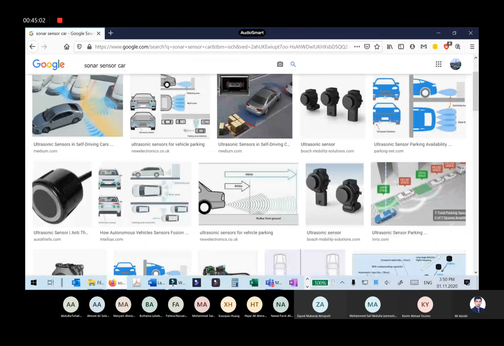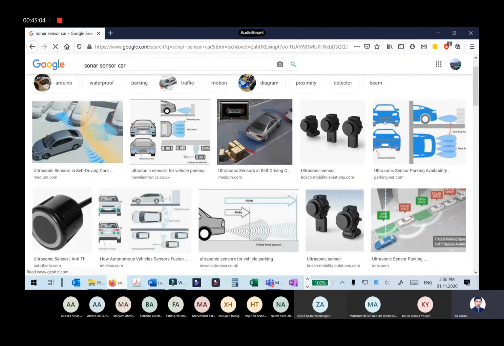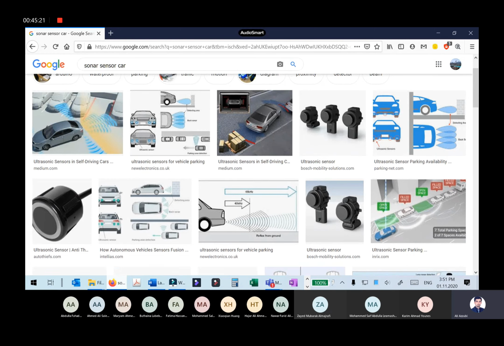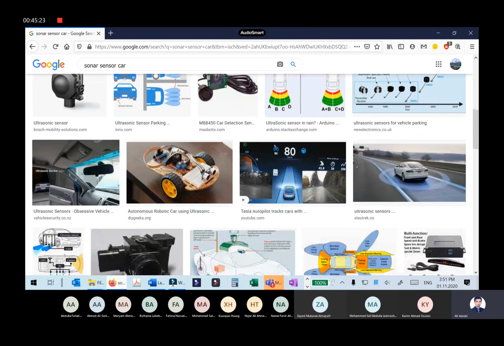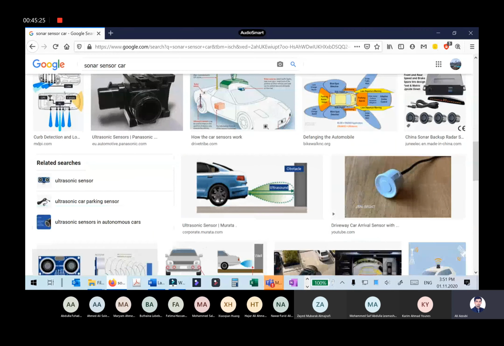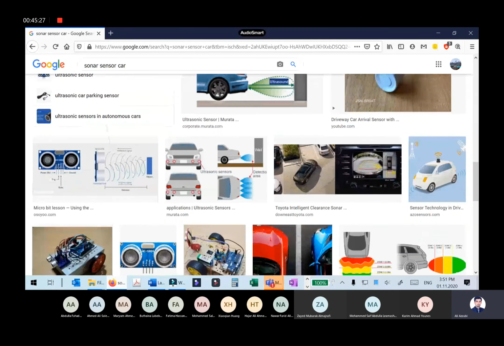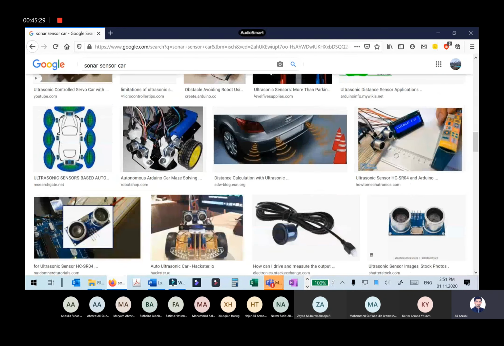What is this? We know that most cars these days have a parking assistant, right? Basically, they use a distance sensor in order to sense surrounding objects. If you look at the car bumper from the front or from the back, you have these dimples.